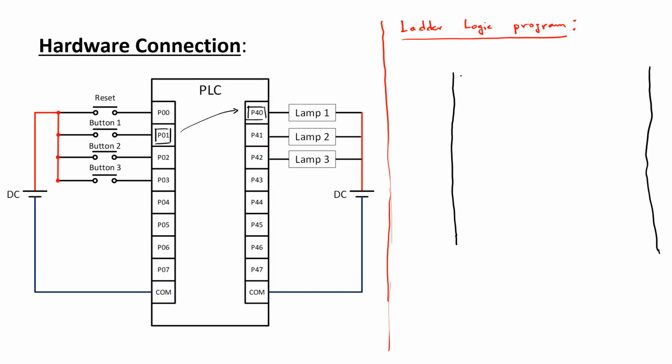Okay, yes, normally open should be taken because we want to close this contact once there is some input, otherwise it should remain open. Now along with this, we have to relate this output port, right? So on the output side, we should place a coil like this.